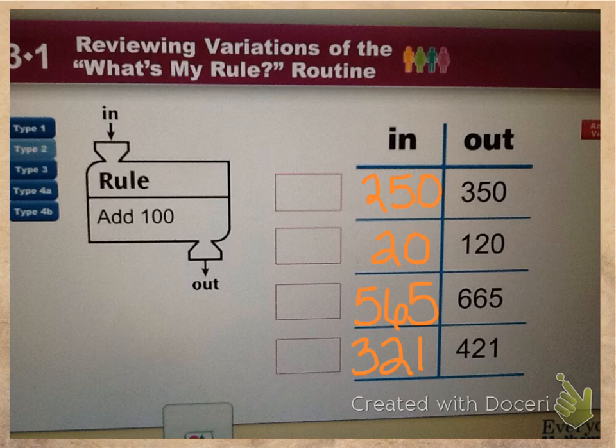Now this in and out box, you'll notice that we have all of the out numbers and not any of the in numbers, although I did fill them in, as you see.